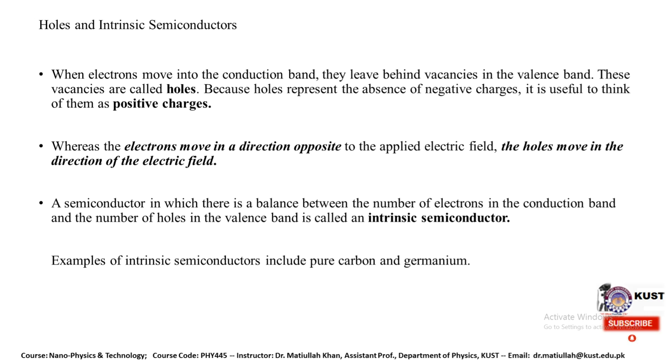If we increase the temperature, more electrons will break their bonds and move to the conduction band, leaving behind holes. There will be a current due to the electrons, called electronic current, and in the opposite direction a current due to holes, the positive charges.